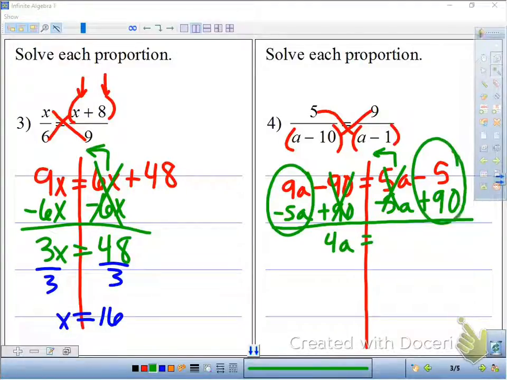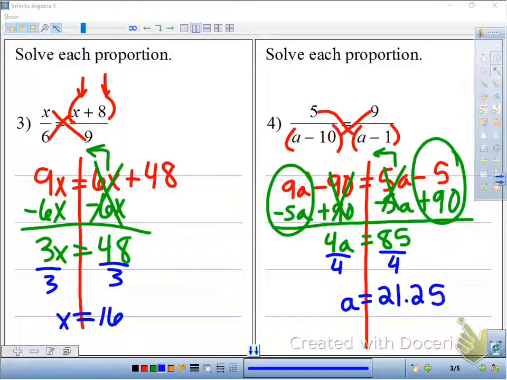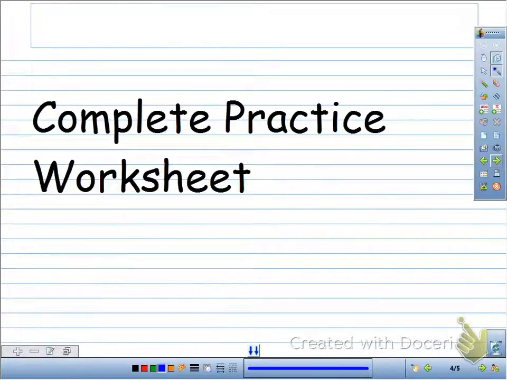Negative 5 plus 90 is 85. And then I need to divide both sides by 4. I'm going to get a equals 21.25.